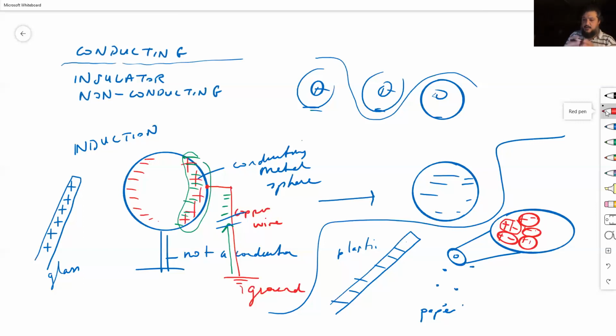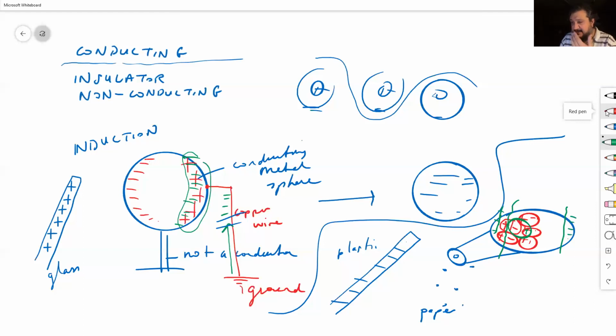Now we have many of those, and of course, when you have two objects side by side like these two, let's say you have negative here and positive there. So this part is still neutral, but you are left with some excess positive charge on that side. Similarly, on that side, you will have negative charge.